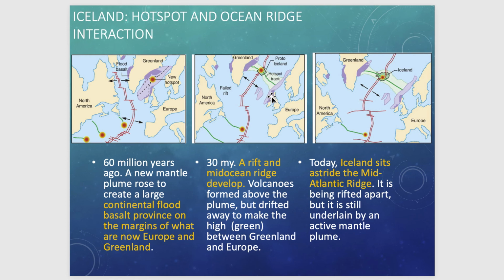And after this, the supply of magmas has continued and led to the piling up of several layers of pillow lavas and plateaus that led to the formation of Iceland. So you have here a proto-Iceland, the initial stage of formation, and at present we have a much more developed scenario in which Iceland is essentially growing with the rift because of the intensive activity of the plume.